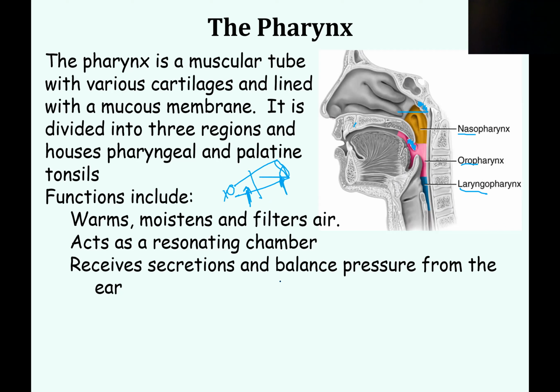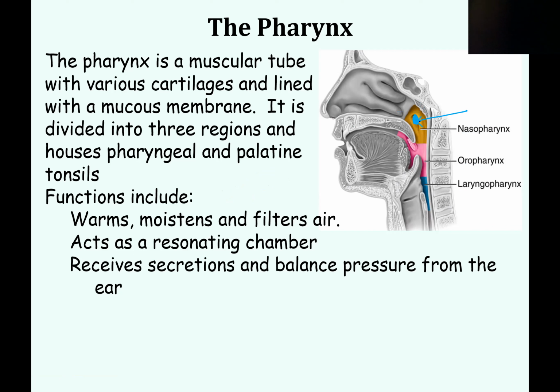It also receives secretions and balances pressure from the ear. Each ear has a tube called the eustachian tube, and it empties into the pharynx so that you can get secretions.